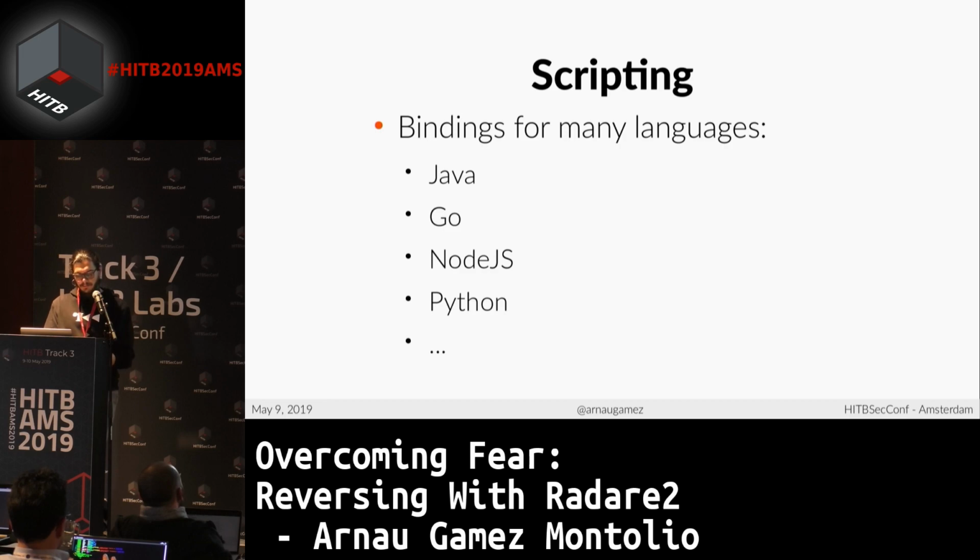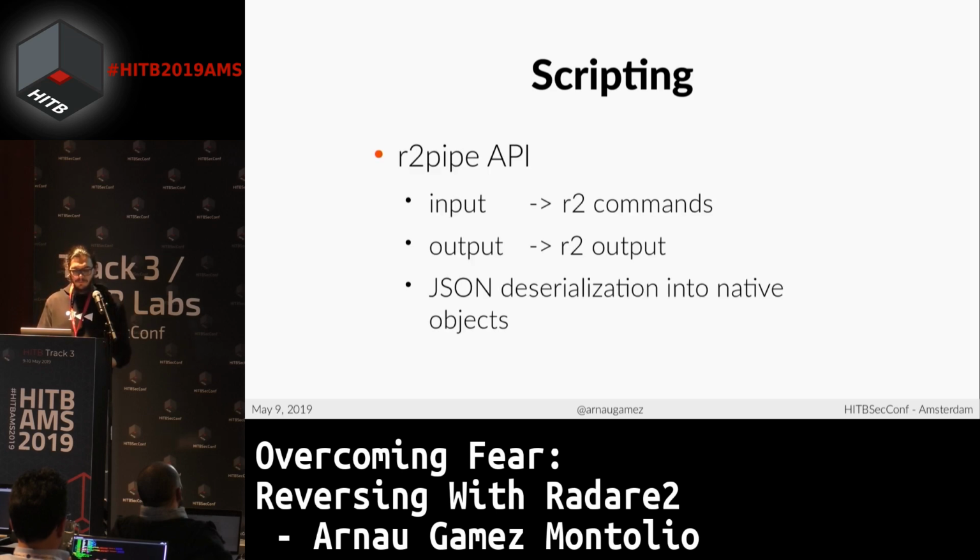So bindings are automatically generated for Java, Go, Node.js, Python, and a ton of more languages, and you can use those. They are not being deprecated, but those native bindings are not really being used in favor of the r2pipe API, which is the standard and recommended way of scripting on top of Radare2.